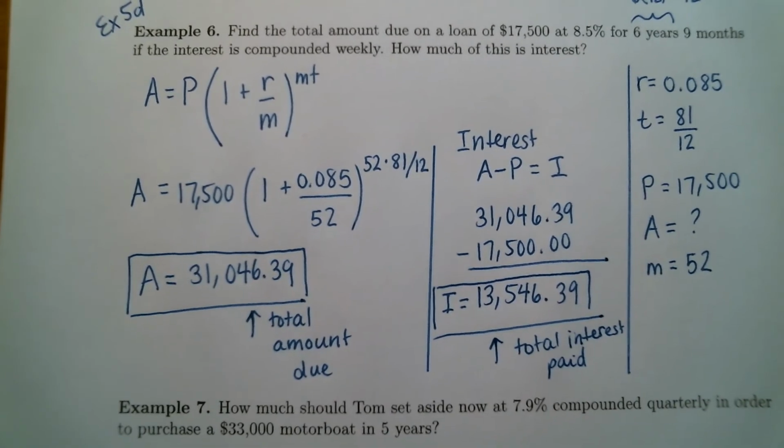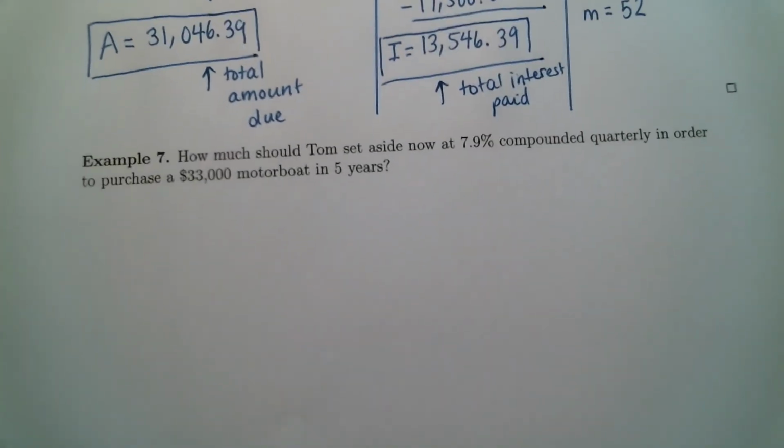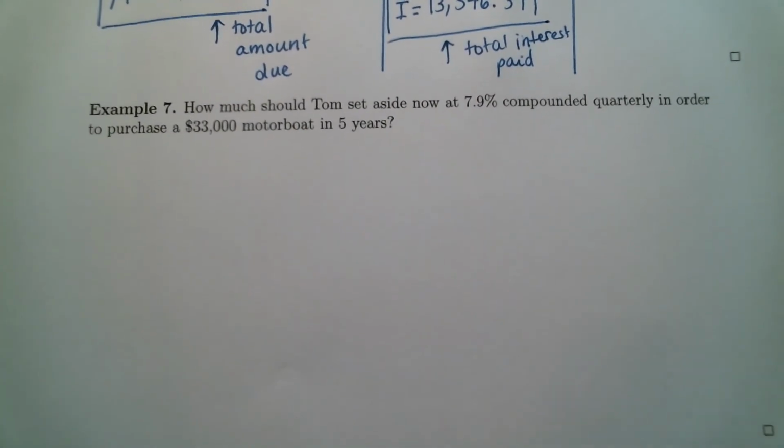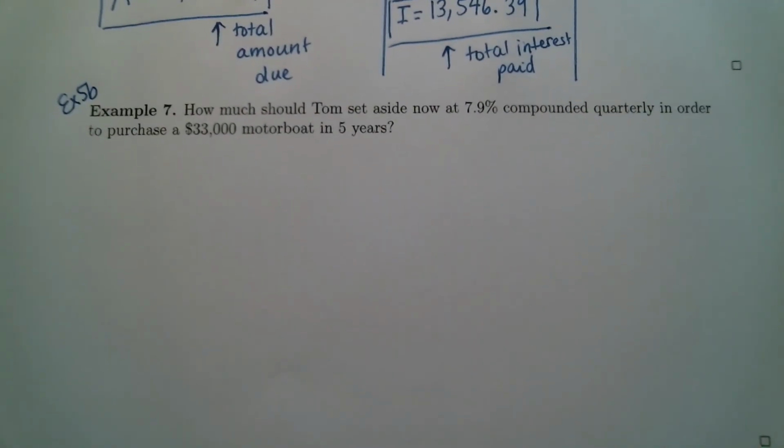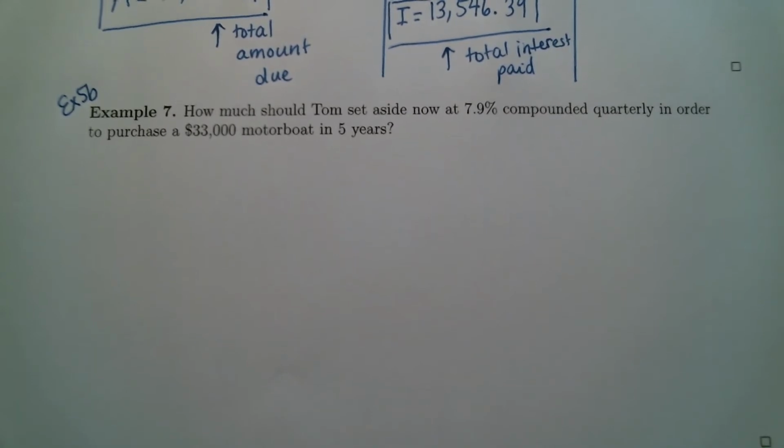Let's take a look at number 7, which was example 5B. We labeled it as a compound interest problem. How much should Tom set aside now at 7.9% compounded quarterly in order to purchase a $33,000 motorboat in 5 years? Again, this is actually a savings problem.